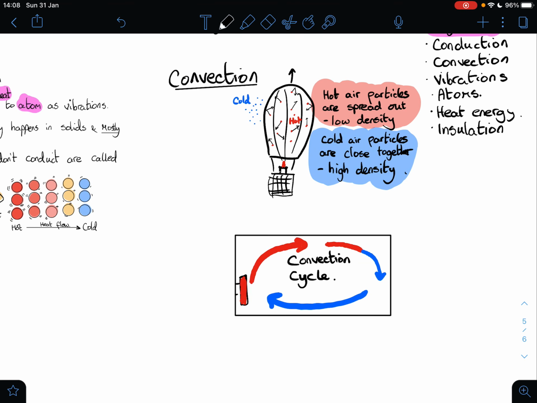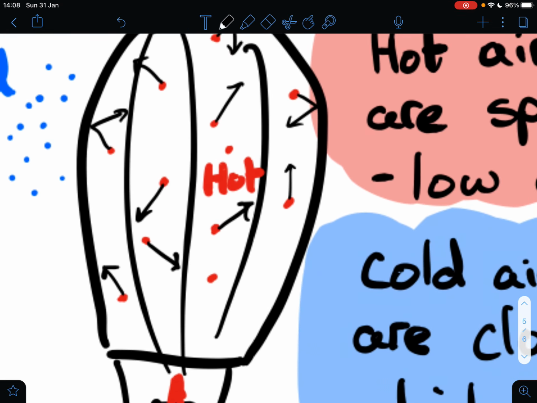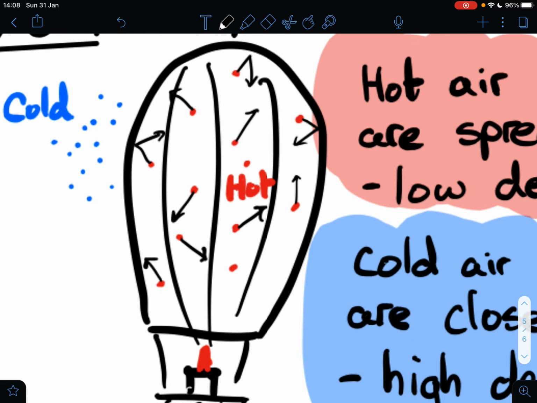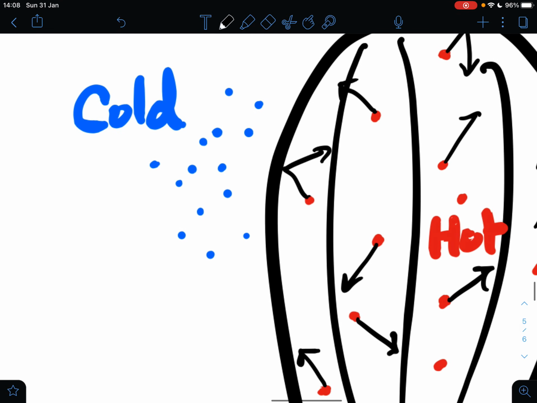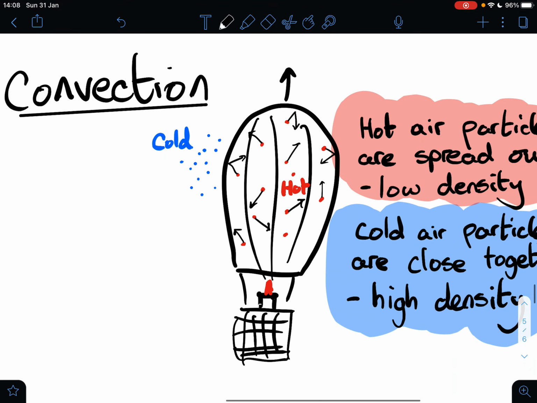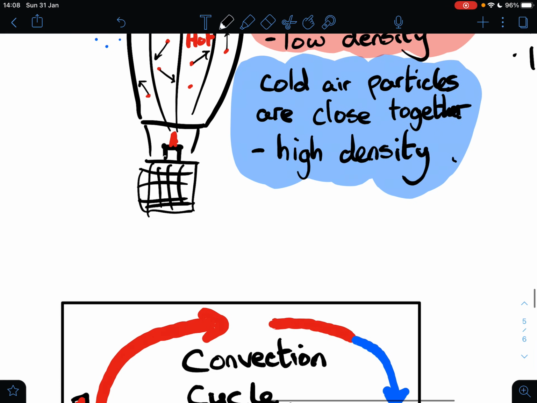So to summarize, hot air moves fast, spreads out, low density. Cold air moves slow, clumps together, high density. A difference in density causes an upthrust. I'll write that down, I realise I forgot.